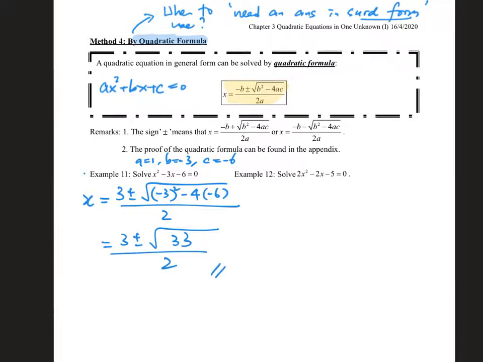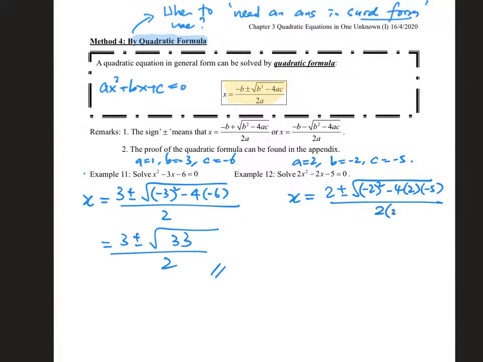Similarly, in example 12, the same thing. A is 2, B is minus 2, C is negative 5. So that's why x is minus b first. So it gives you 2, plus or minus b squared is minus 2 squared, minus 4, A is 2, C is negative 5, divided by 2 times 2. Now you can take out your calculator to check what's the value of the terms in the square root.